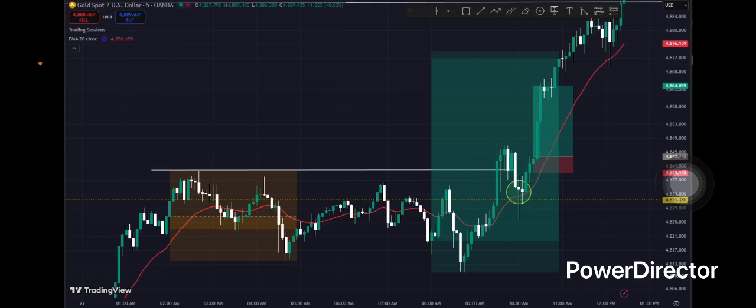We're after major red news and the behavior of price. Remember these three things: rejection, acceptance, or expansion. Price is either going to be rejected, accepted, or it's going to expand.